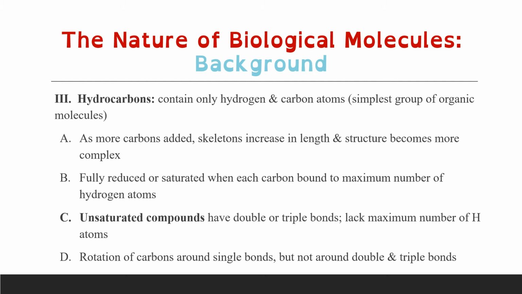It is also fully reduced or saturated when each carbon is bound to the maximum number of hydrogen atoms. And unsaturated compounds have double or triple bonds, and they lack the maximum number of hydrogen atoms. There's also rotation of carbons around single bonds, but not around double or triple bonds.